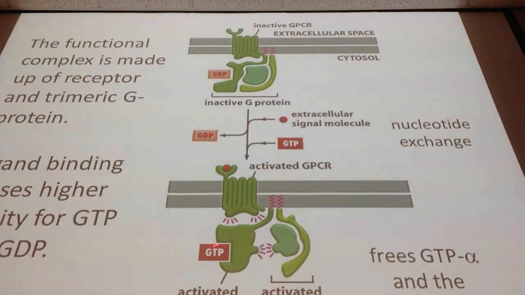And then in order for the GDP to exchange for the GTP, it has to have that enzymatic activity. And then when the GTP is bound, it has yet another catalytic activity. That's it. Does that make sense? So the third one is the enzyme binding site. Right, basically one for the receptor, one for the GDP, one for the enzyme. Okay.